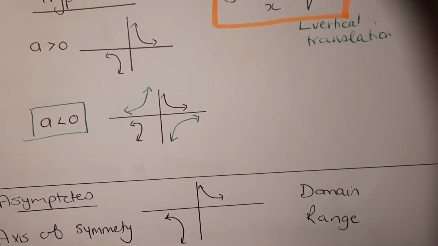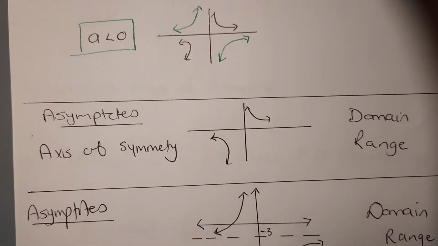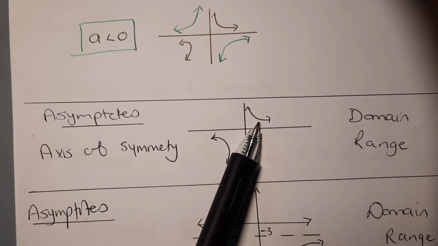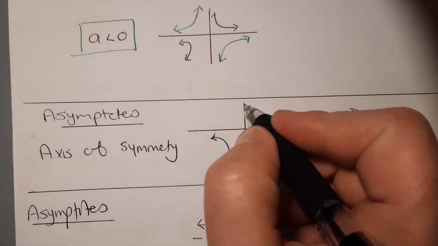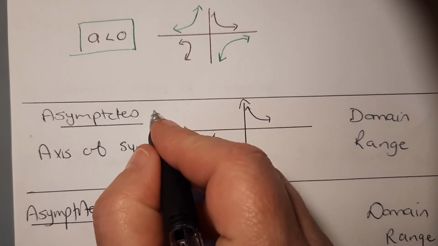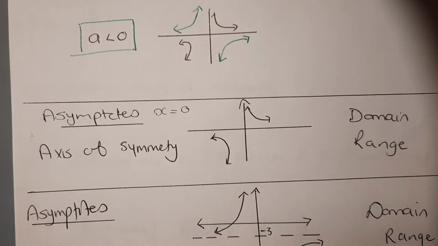Good. Let's just recall what an asymptote is. An asymptote is the line that my graph moves towards but does not touch. And in this case, it moves towards the y-axis. So my asymptote is the y-axis, and for the y-axis we say x is equal to 0.